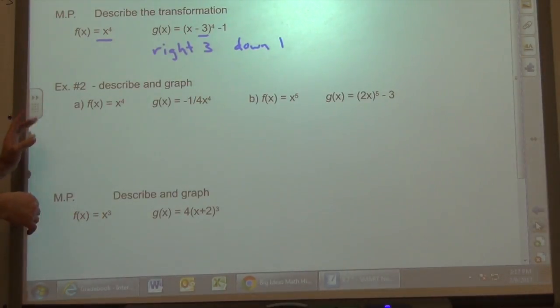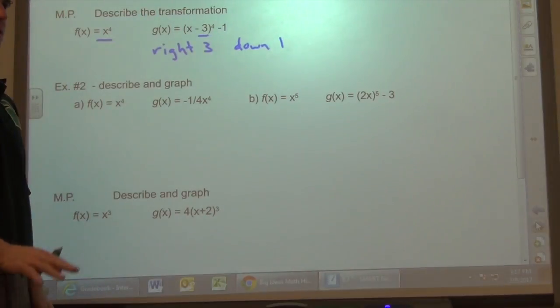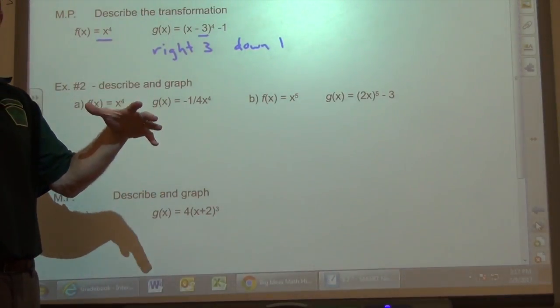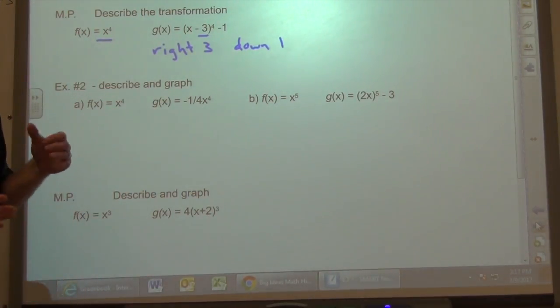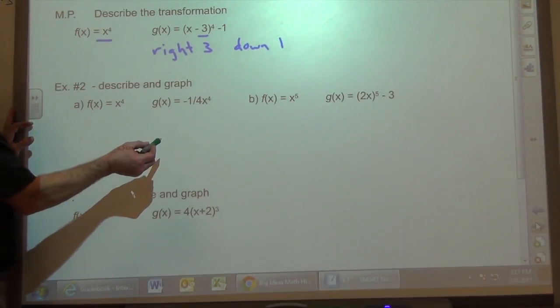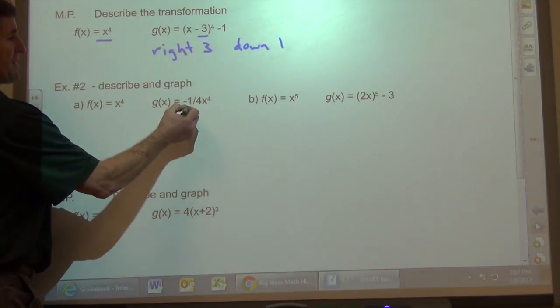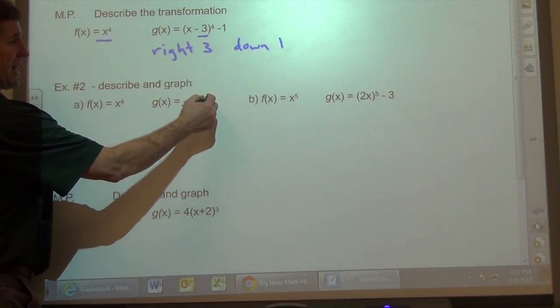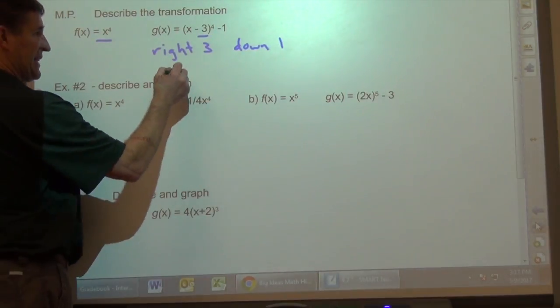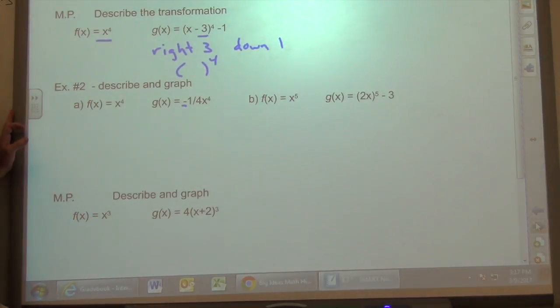Now they're going to ask you to describe a graph. I don't think I have you graphing on the assignment, so don't worry about that, but I'll show you what they're looking for. And if you graph them, you don't have to be exact. So on this one it says negative 1/4. So the negative sign, again, it's outside of the x, so it doesn't affect just the x. If it affected just the x, it would have to be inside with the 4th on the outside.